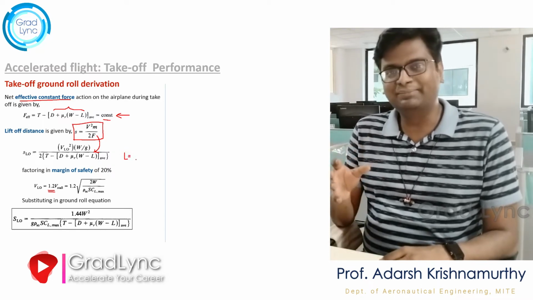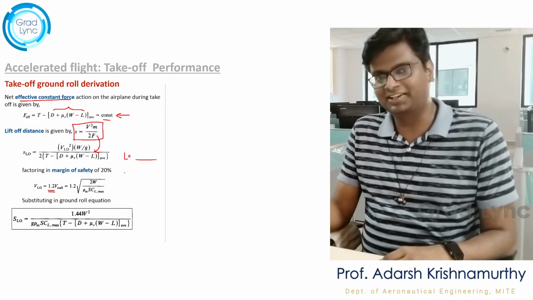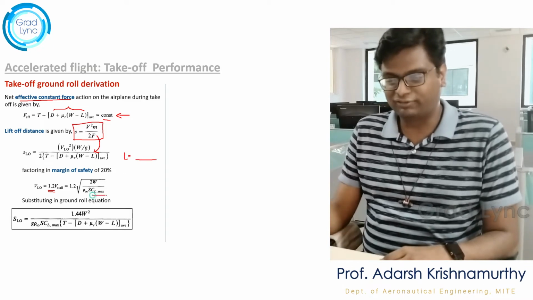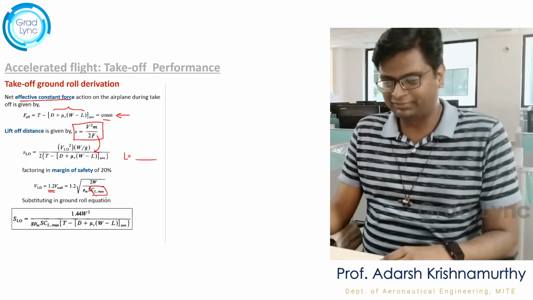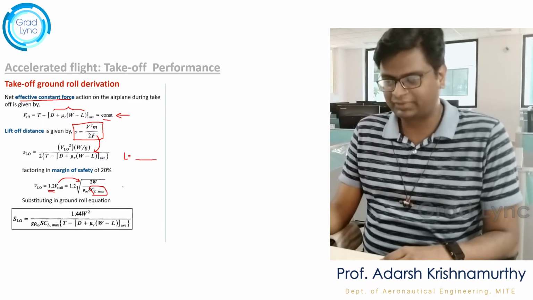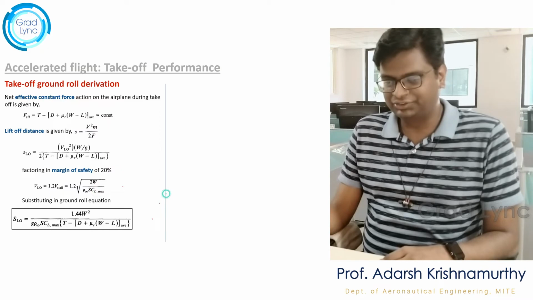If V is the minimum velocity of the aircraft, then CL should be maximum, right? So from there, I got the expression for stalling velocity, that is the square root of 2W by rho infinity S into CL max. Now substituting this value of velocity in the liftoff distance equation.